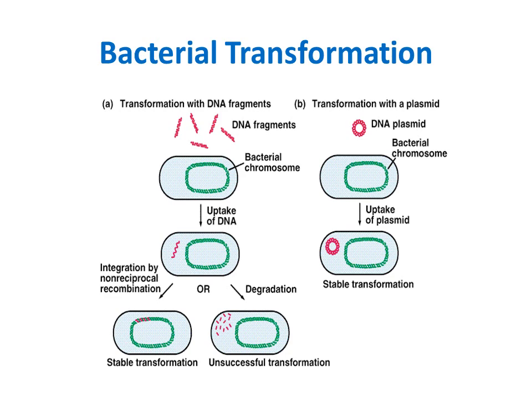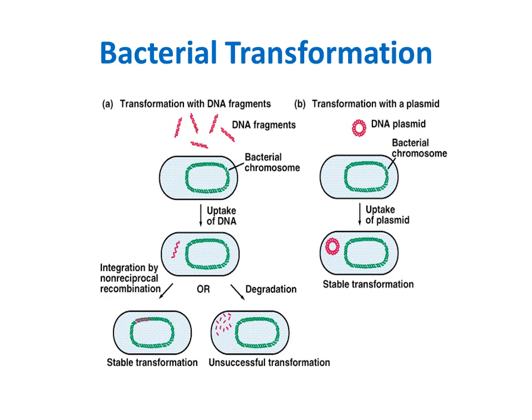So going through those a little bit more slowly, as I mentioned, bacterial transformation, you can either take up fragments of DNA or you can take up a plasmid. When you take up short fragments of DNA from the surrounding environment, the bacteria can either integrate that DNA into its chromosome, as shown in the lower left-hand portion of this figure, or what will happen is the DNA will be recognized as foreign and will be degraded.